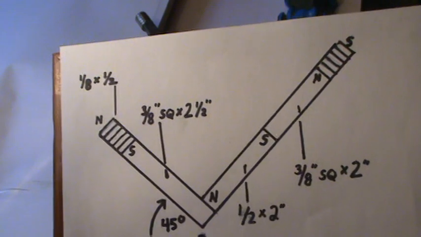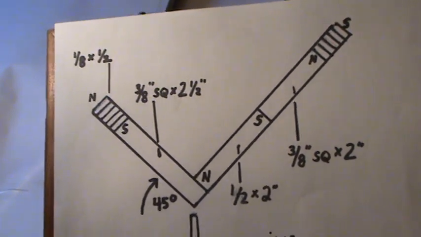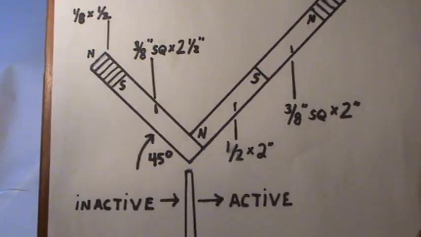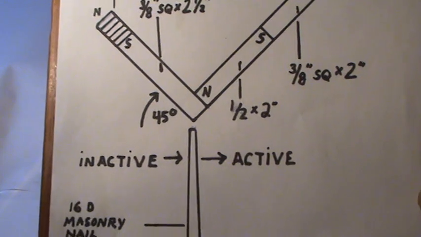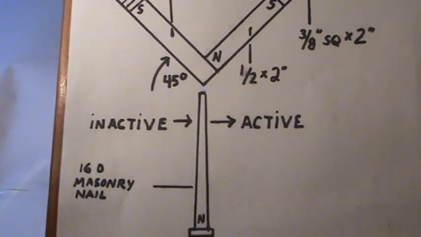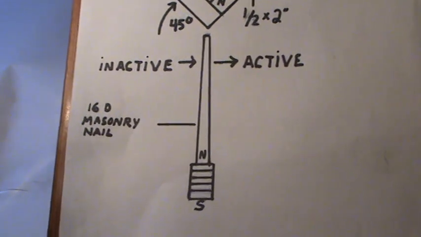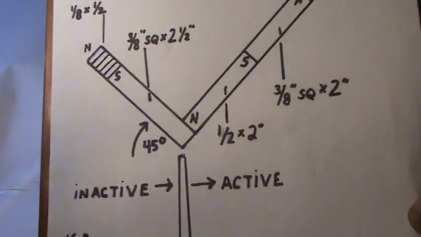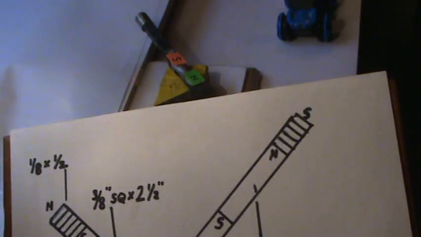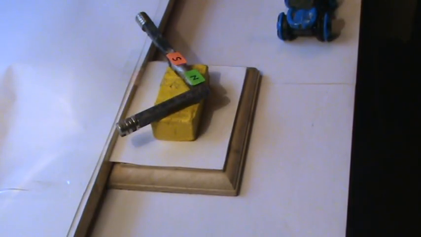This is the dimensions diagram of the over-unity effect, showing the inactive side and the active side. We'll go ahead and do a demo one more time and we'll finish up. This series that I'm doing, I've been at this a long time, 20 years plus.